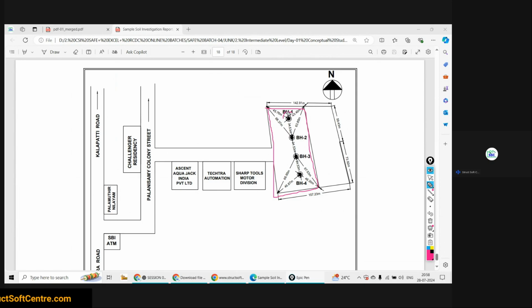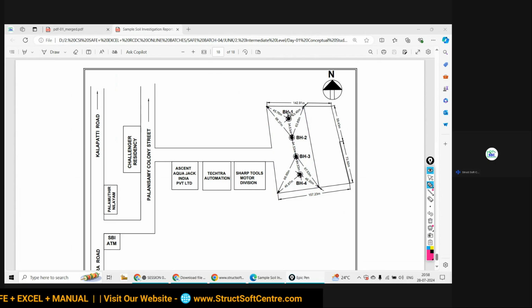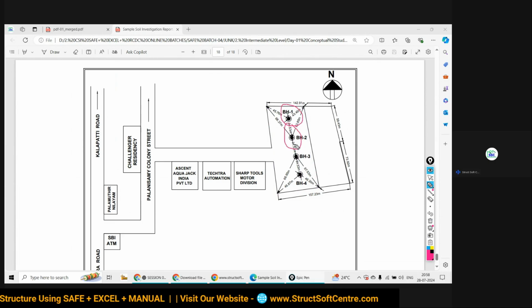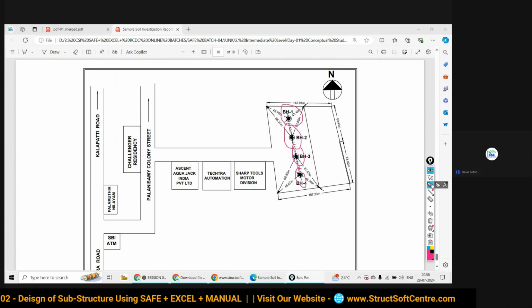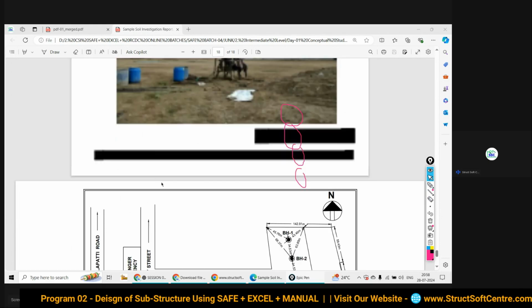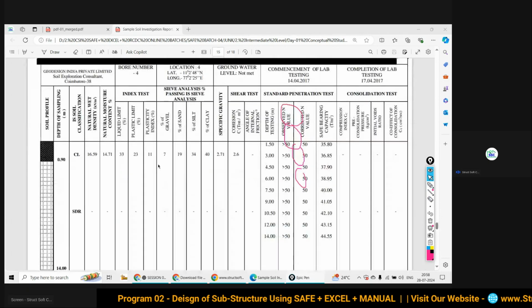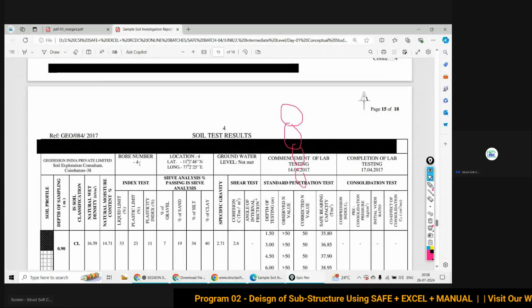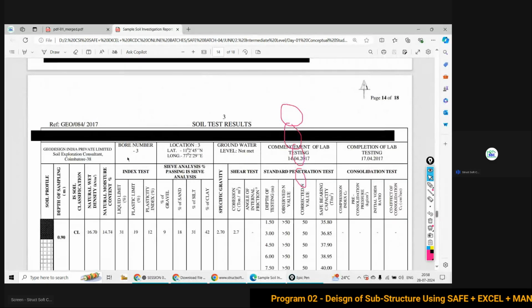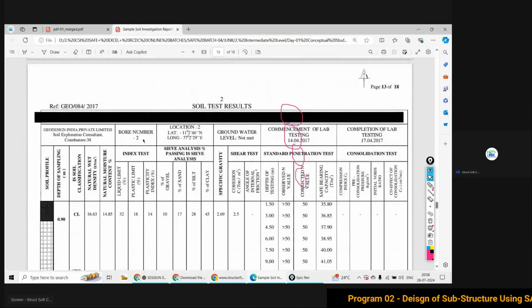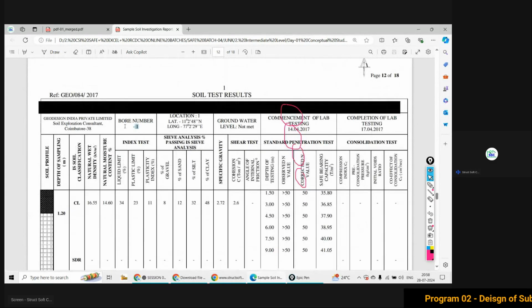For that they have chosen this line to do the investigation. They have taken 4 boreholes, or test points. This is the first one, the second, the third, and the fourth, and for all 4 boreholes they have given the detailed report: borehole number 4, borehole number 3, borehole number 2, and borehole number 1. Is that all clear, my dear friend?